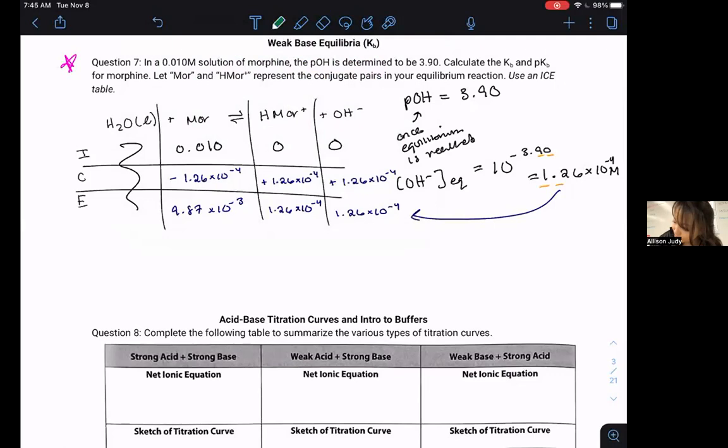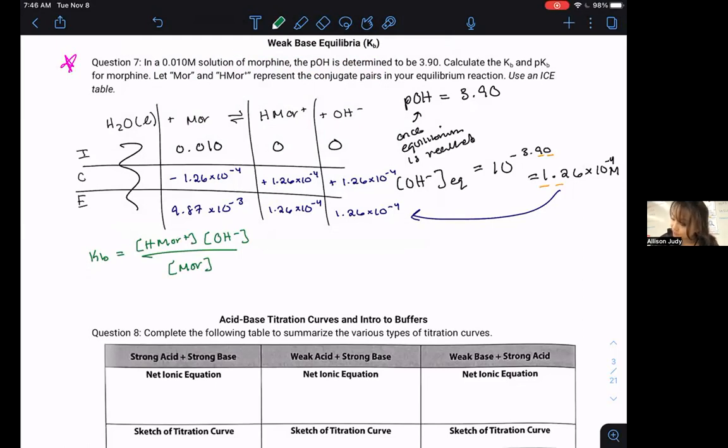My Kb expression is the product ions, so the HMOR concentration, the conjugate acid, times the conjugate base hydroxide ion, raised to their respective molar coefficients, which is 1, divided by the reactant, which is morphine concentration raised to its respective coefficient, which is also 1.